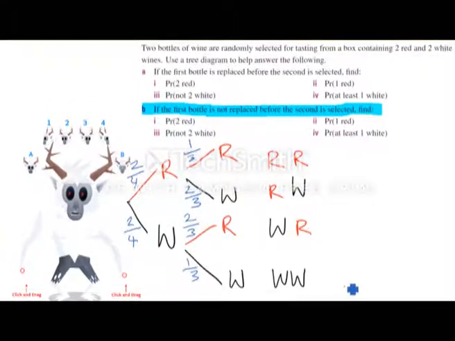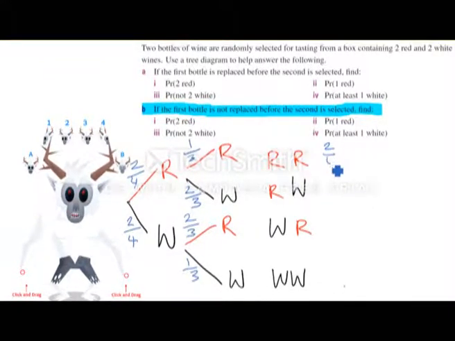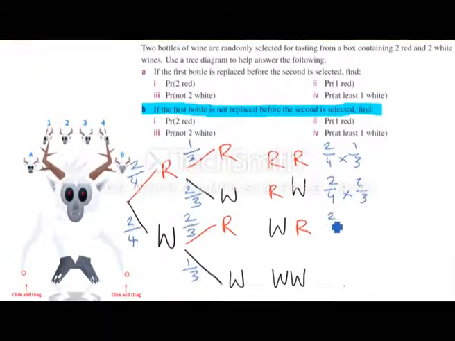Now this changes the probabilities of each thing happening, because our fraction is going to become 2 over 4, which is a half, times 1 over 3, then 2 over 4 times 2 over 3. This one's going to be 2 over 4 times 2 over 3, and the last one's going to be 2 over 4 times 1 over 3.